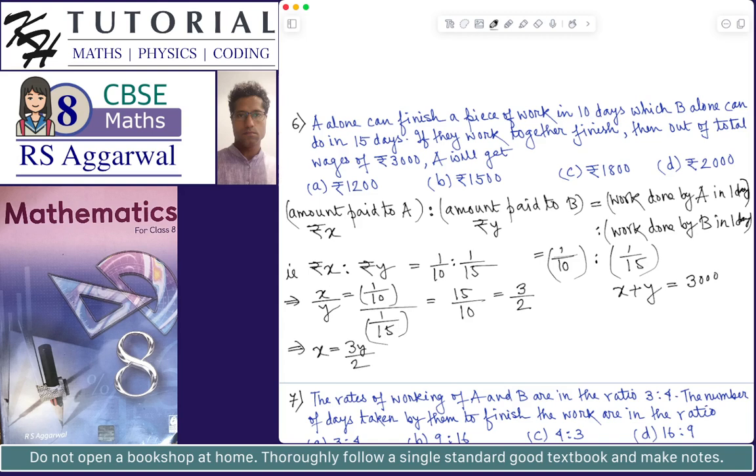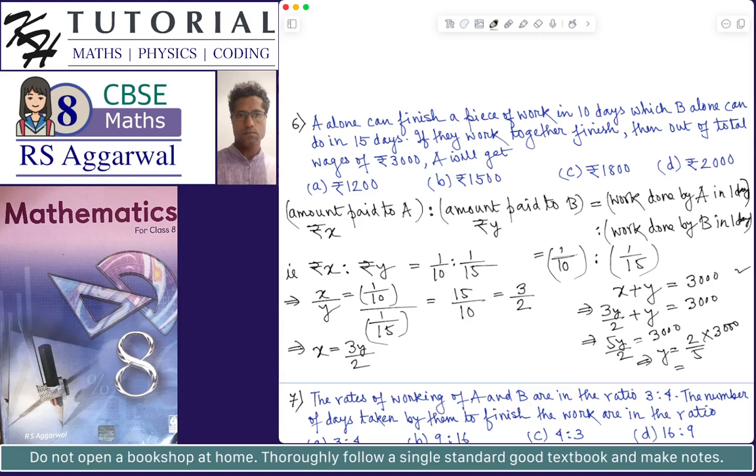Now we will substitute X equals 3Y by 2 in this equation, and we get 3Y by 2 plus Y is equal to 3000. So this implies 3Y by 2 plus Y is 5Y by 2, which is equal to 3000. So this implies Y is equal to 2 by 5 multiplied by 3000.